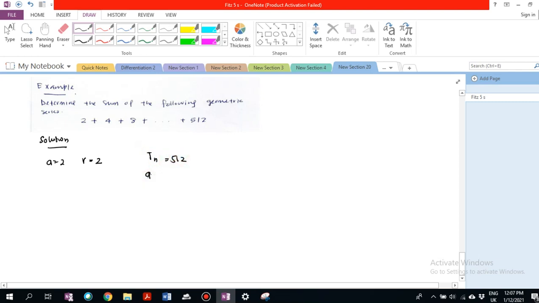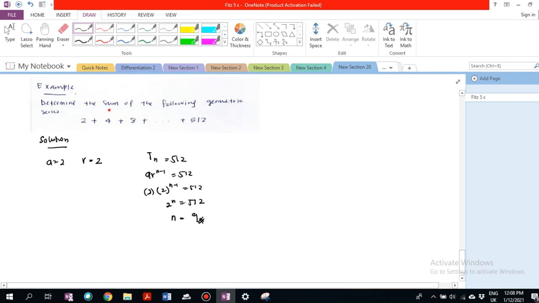So Tn is A R to the power of n minus 1 is equal to 512. Then you have A is 2, R is 2, so at the end you will get 2 to the power of n is equal to 512. Then your n value is equal to 9. Okay, so this is your n value.